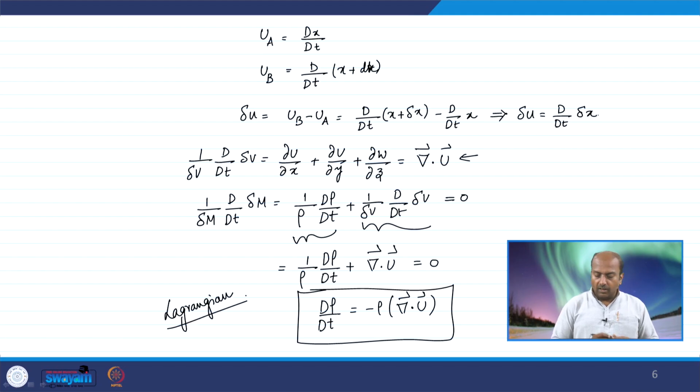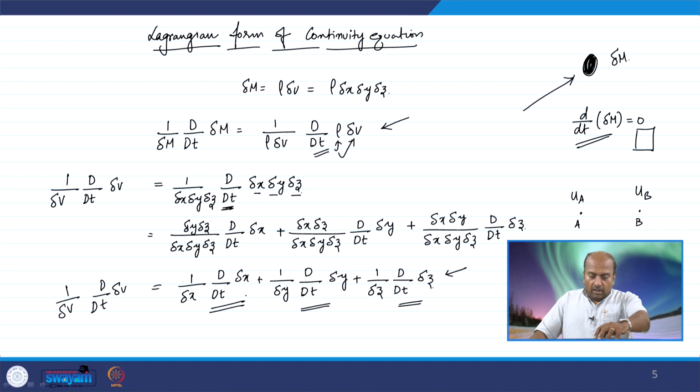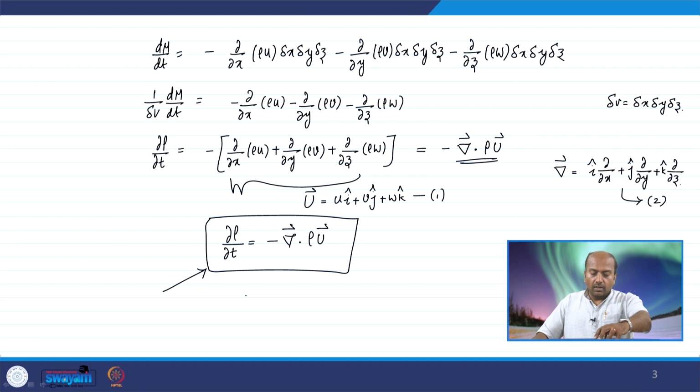Okay. So, let us try to wrap up what we have done so far. Earlier we started with the Euler control volume, and we obtained a simple divergence form of the continuity equation, where the partial rate of change of density is equal to the divergence of density times velocity.